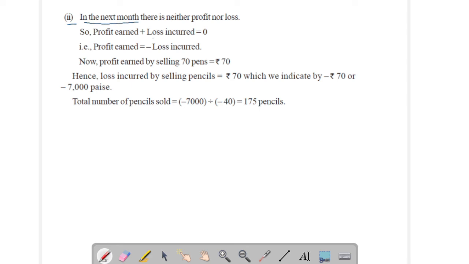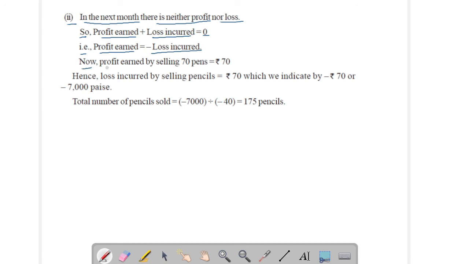In the next month, there is neither profit nor loss. So, profit earned plus loss incurred equal to 0. That is, profit earned equal to minus loss incurred.